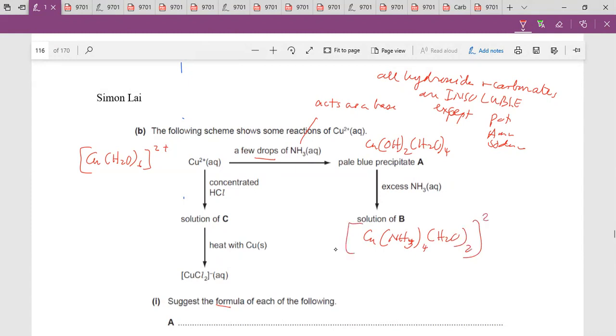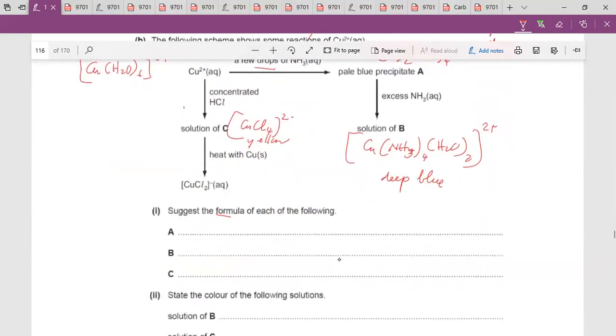Remember, 2 plus, don't put plus 2. Concentrated HCl, simple. This will be CuCl4, no more water because it's tetrahedral, isn't it? 2 negative. This is yellow color. This is deep blue. You must remember, there's no chance you don't remember, you fail.